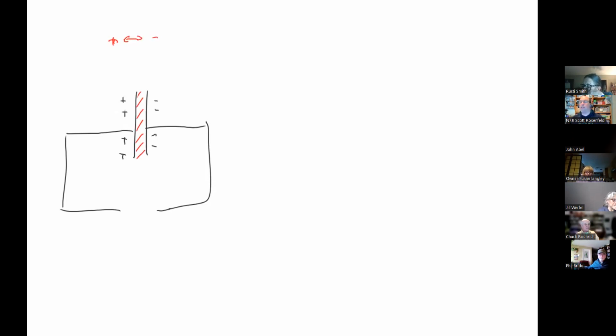So that tension, that energy, that force that is holding them, that they're trying to pull together with, is being resisted by the mechanics of that device. So this device basically stores energy in an electric field.